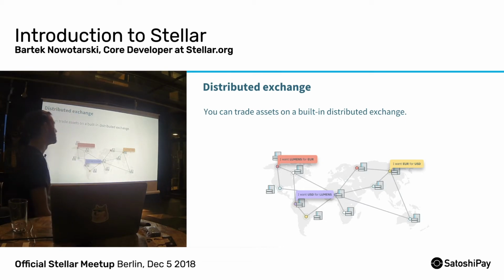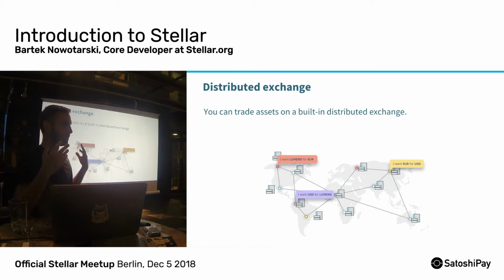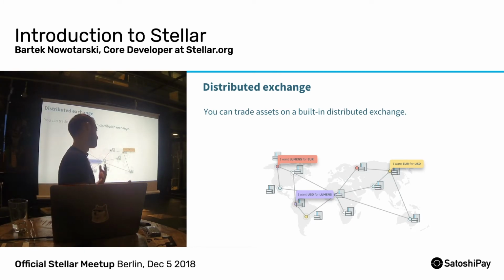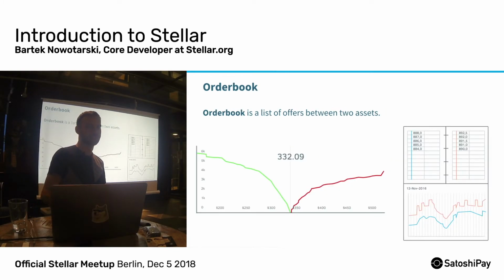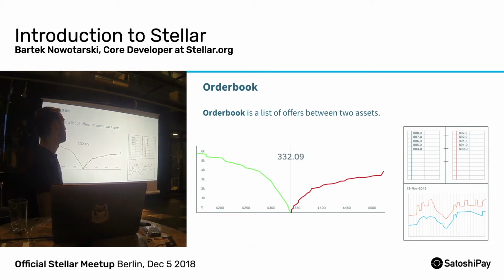Okay, and finally, distributed exchange allows you to trade your assets with other accounts, and each pair of the asset has an order book between them.